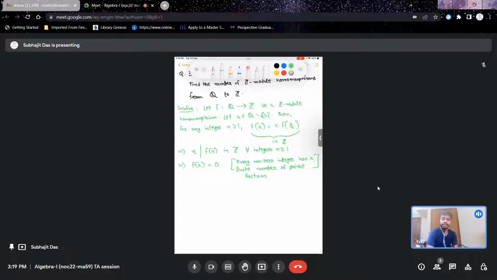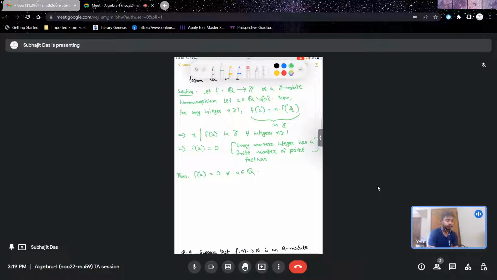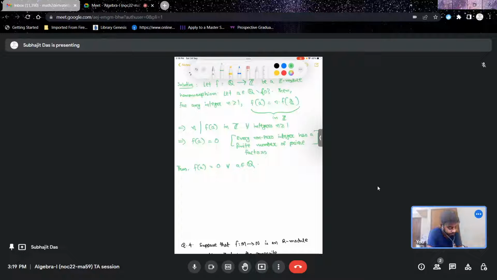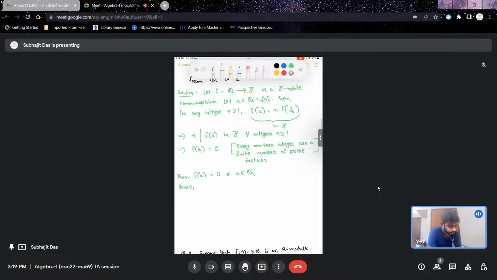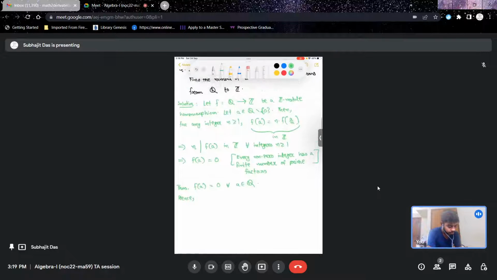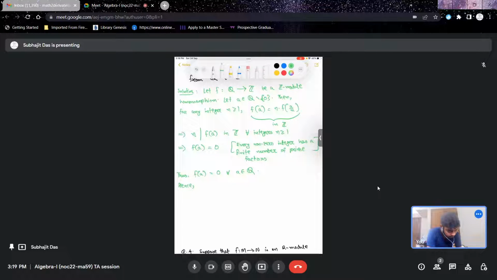Right? So we started with a non-zero element a in Q, and we saw that f maps a to 0, right? Which precisely means that f of a is equal to 0 for all a in Q, in particular 0 always goes to 0 under any homomorphism, under any module homomorphism or group homomorphism, whatever. So hence f is equal to 0, right?